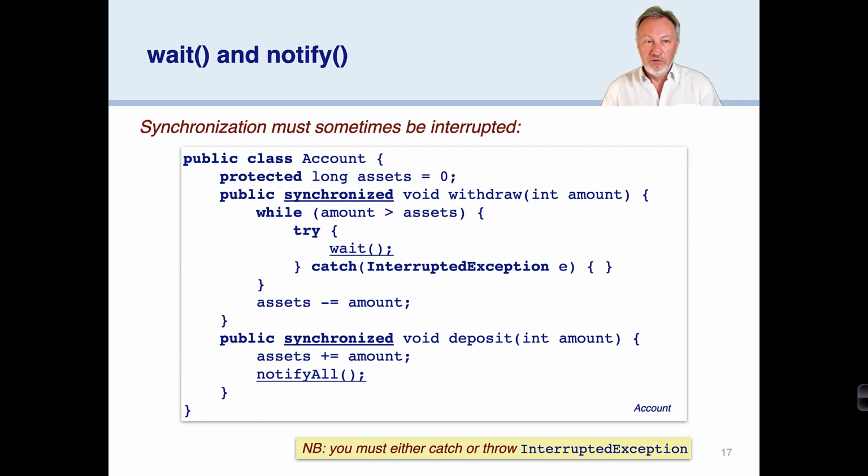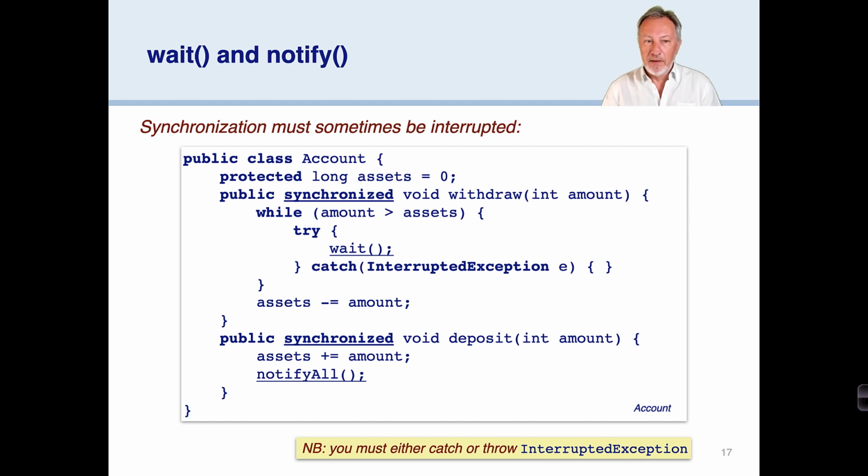In the case of Java, we have not wait and signal, but wait and notify, or wait and notifyAll. NotifyAll is a variant of notify, which is usually more useful. Furthermore, these are not keywords, they are methods, and they are defined at the top level of the class hierarchy in Java, so they are valid for all objects.